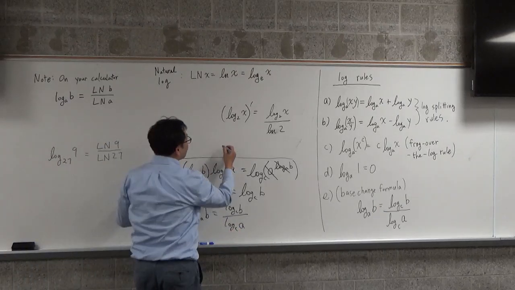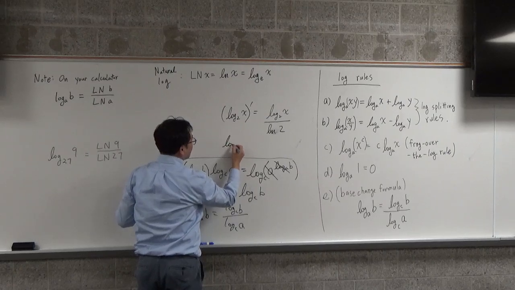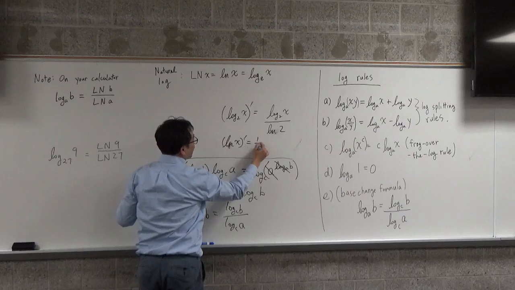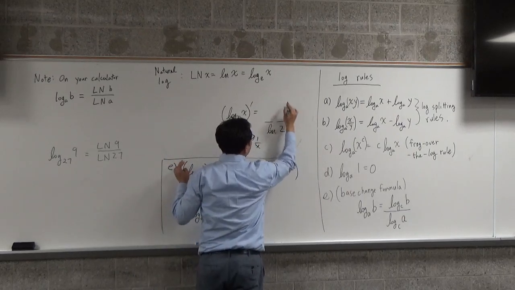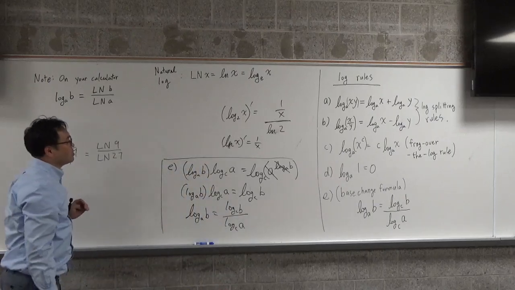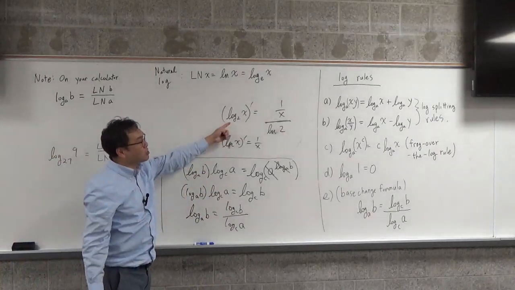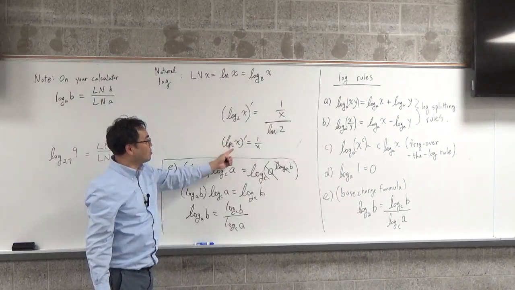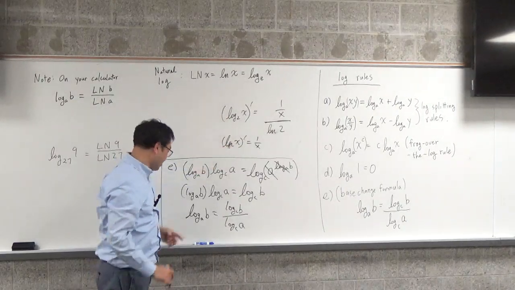Whereas if you differentiate ln of x, it's simply 1 over x. Oh, sorry, log base 2 of x gives 1 over x times ln of 2. So this is a lot harder to work with in calculus than the natural log. So that's why they have this special thing.